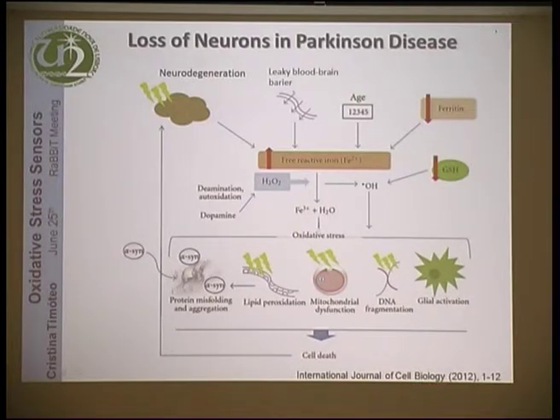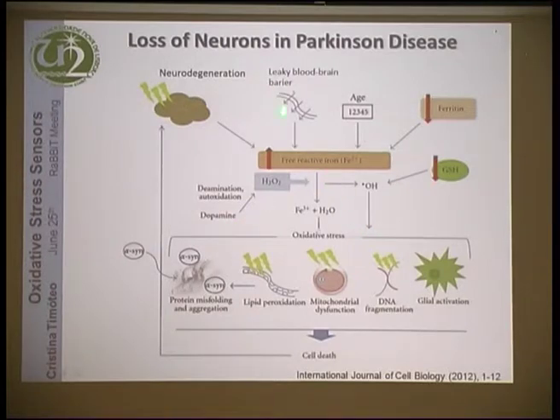And also to correlate it with the conference that Elise gave yesterday about ferritin, and also because I'm also involved in the ferritin work, I decided to show a little bit of how hydrogen peroxide and iron can lead to Parkinson's disease. As a result of aging, ferritin, the enzyme that Elise described yesterday, decreases in concentration as a result of age.